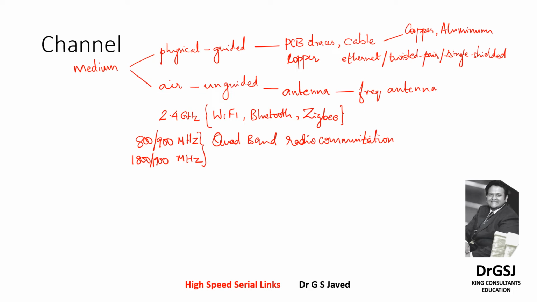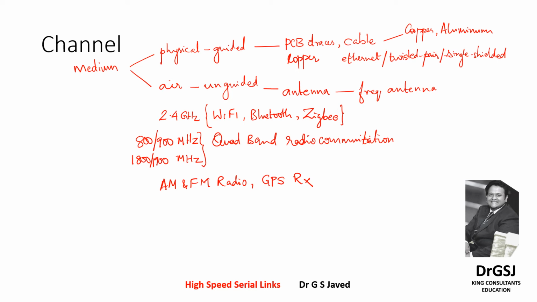The other means of communication could be your AM and FM radio, the GPS receiver that sits on your handsets right now. So these are all the various methods and means that communication can happen.